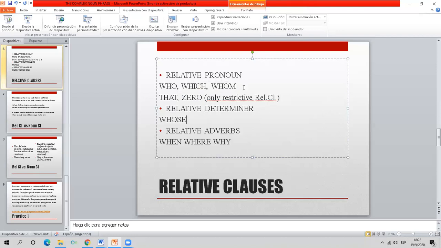So, when do we use whom? Well, I said when it is an object or when it is the object to a preposition. For example, the girl I bought this book for, the girl whom I bought this book for is ill. You see, I'm using whom because it is the object to the preposition for.